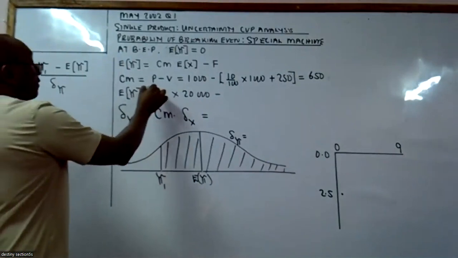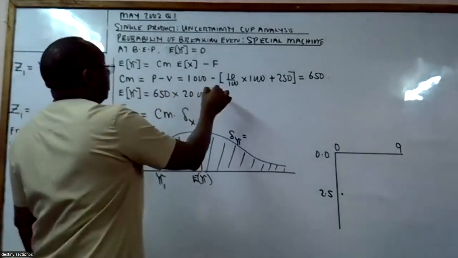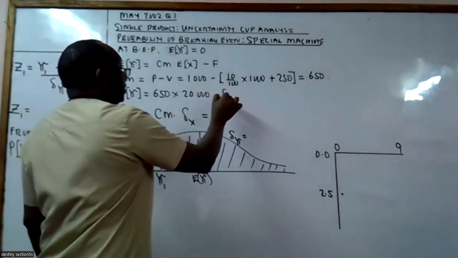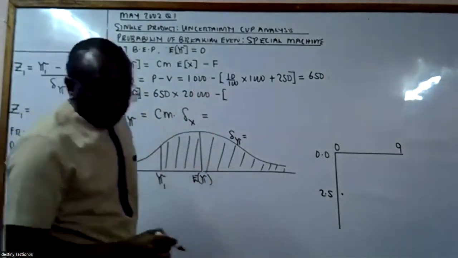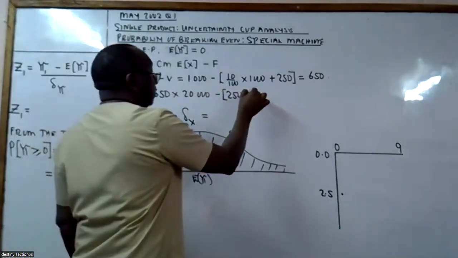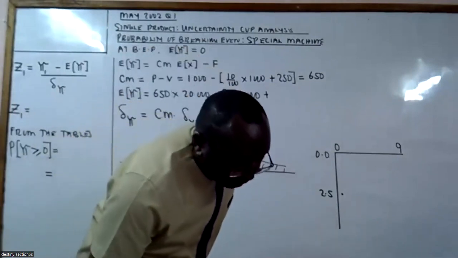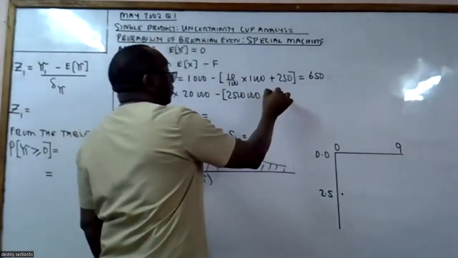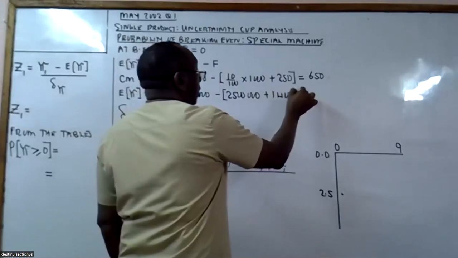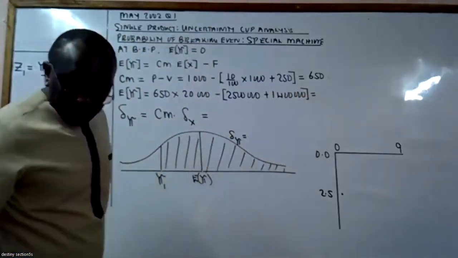So the expected profit now will be 650 minus the fixed cost. The fixed cost is the first one, 2.5 million, plus an addition of 1.4 million.